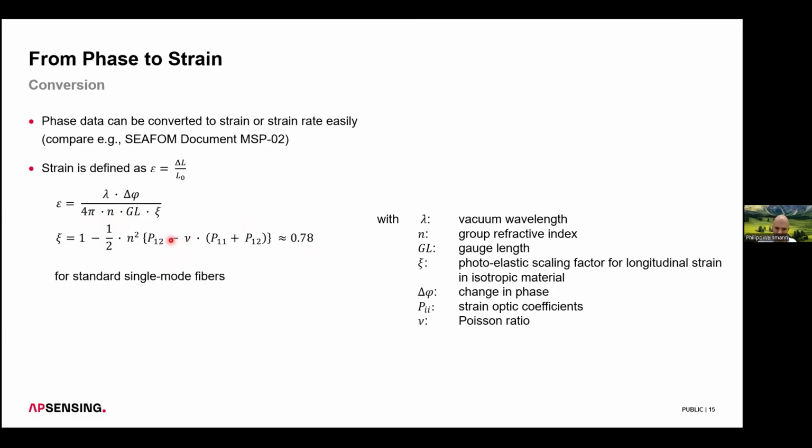Typical values for these, honestly, I would need to look them up. I don't know them by heart. Same is true for the Poisson ratio. I only know that for typical applications, so typical single mode fibers, if you plug in the numbers, you end up with an end result of 0.78.